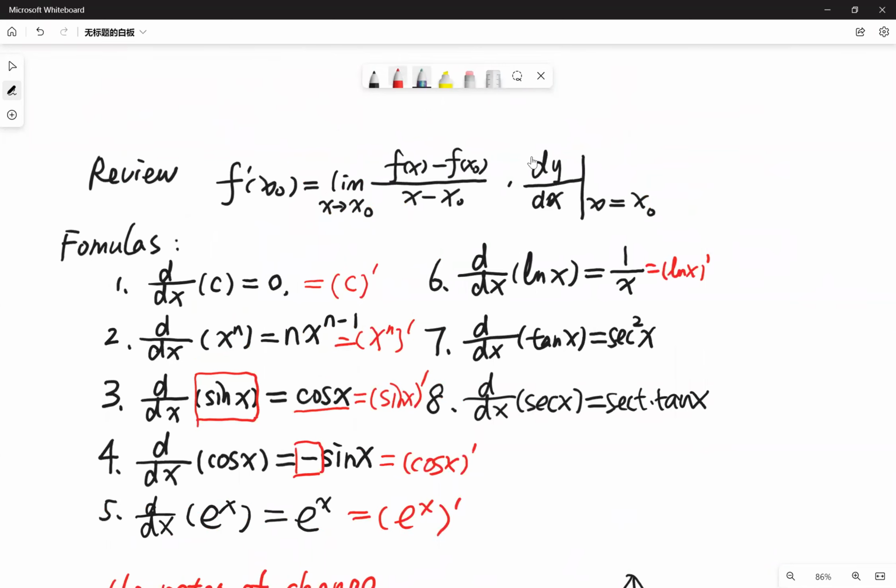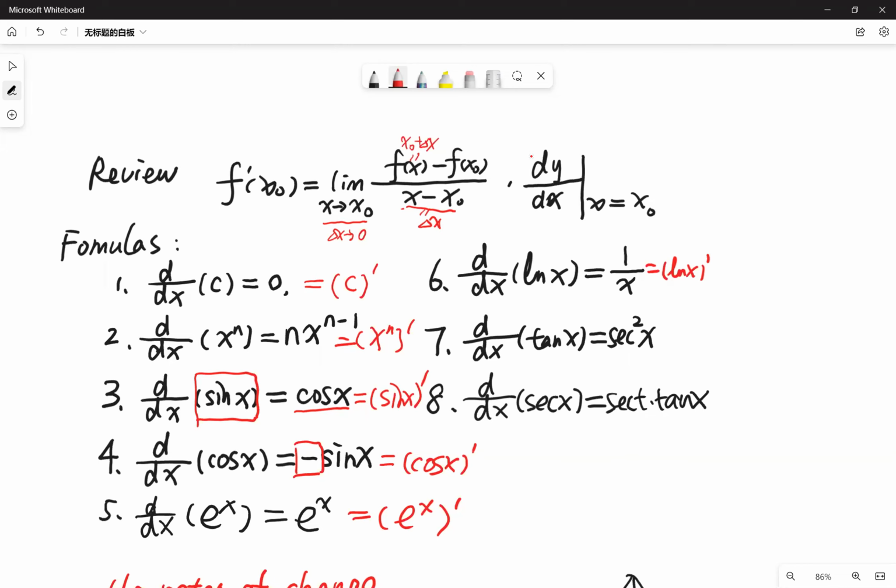Here, you just replace this x with x0 plus delta x, then this one is delta x, right? x minus x0 is equal to delta x, and this is equivalent to delta x approaching 0 here.